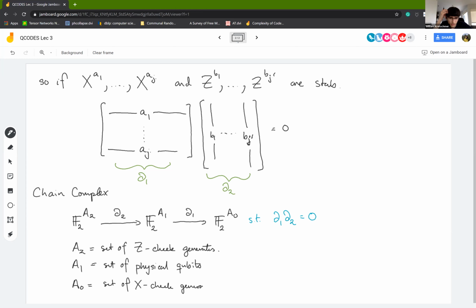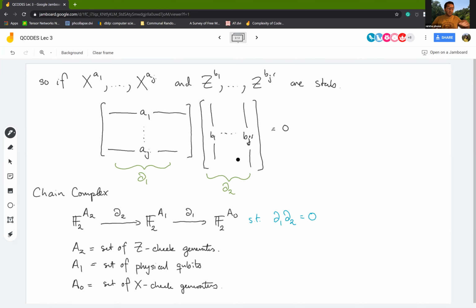When you say the set of Z check or X check generators, do you mean an independent set of generators? Right now, we don't actually need the generators to be independent. Even if my set has dependencies in it, I can still think of those as the same set.